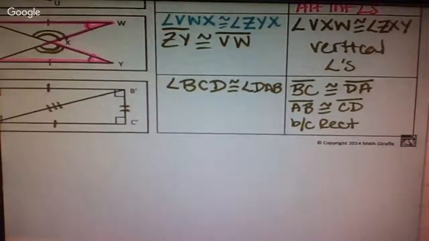Careful when you label BC, it's going from B to C, so it's got to go D to A. But this is your 90-degree angle, this is your 90-degree angle, so A and C are the same, so C and A have to be the same.